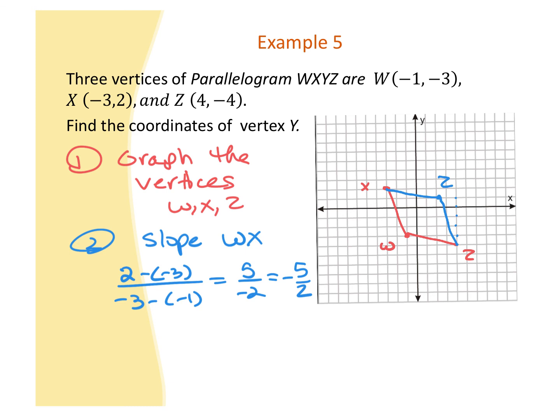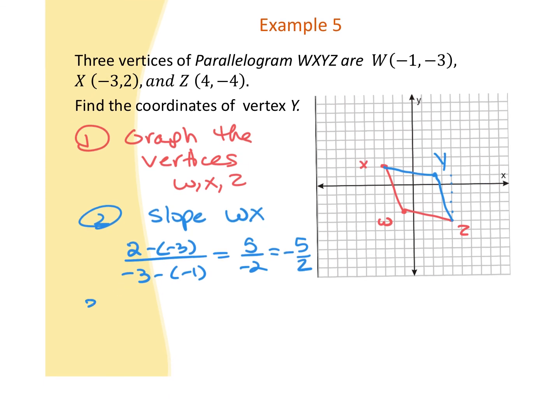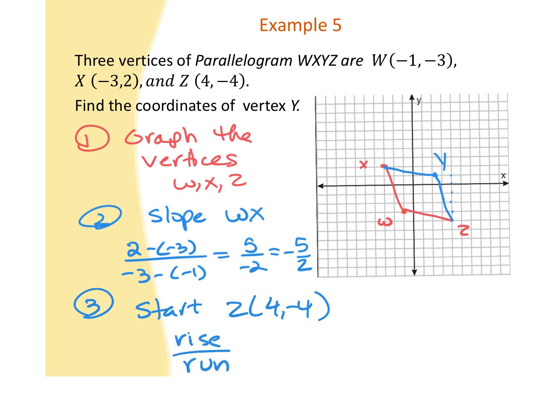I'm sorry, that's not point Z, that's point Y. I moved from point Z. So my next step is to start at Z, which was 4, -4, and move my rise and run, the slope I just calculated. I'm going to go 5 up, but because it's a negative slope, I'm going to go 2 to the left. That gives me point Y, which is the ordered pair 2, 1.